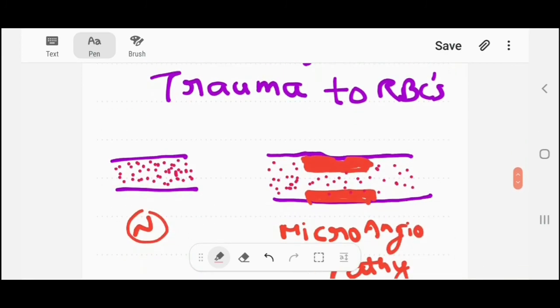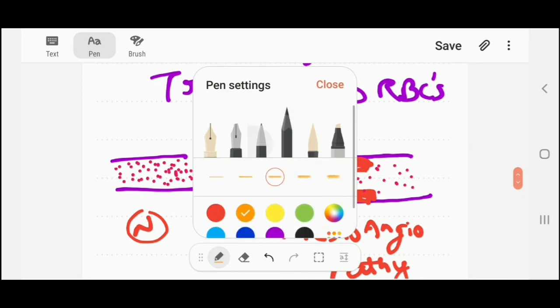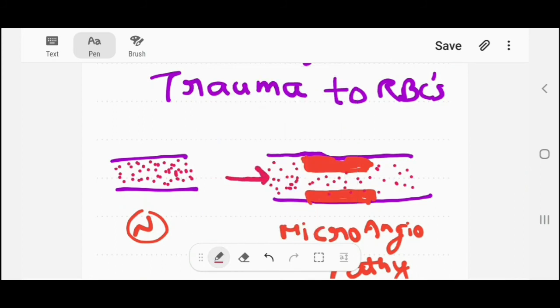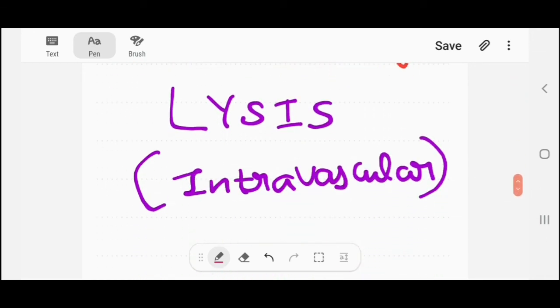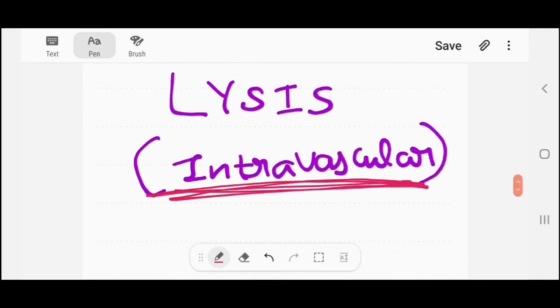In this diagram you can see, when the RBCs are passing through the blood vessel, they can have physical trauma because of that thrombus, and this causes the hemolysis. So the name is microangiopathic hemolytic anemia. This is an intravascular hemolysis.